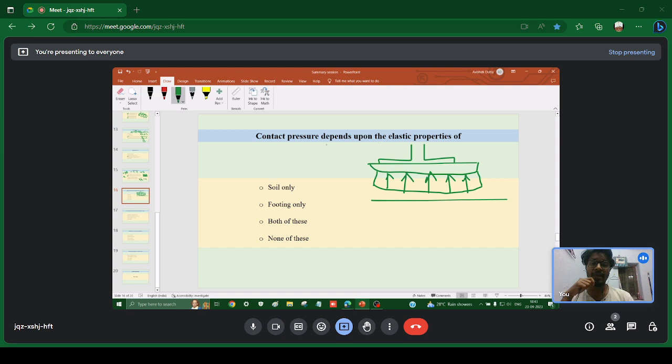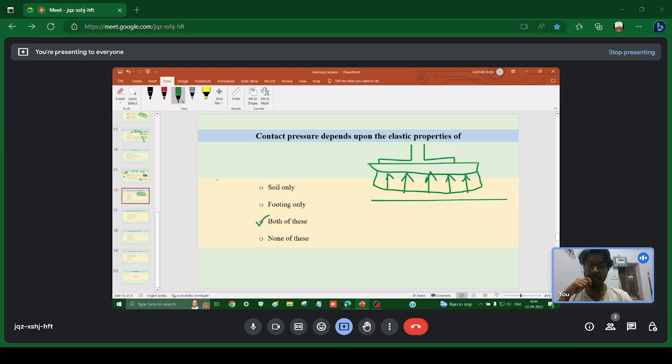Here the options were soil only, footing only, both of these, or none of these. As I've said, the contact pressure depends upon the elastic properties of both the soil and footing. So both of these is the correct answer.